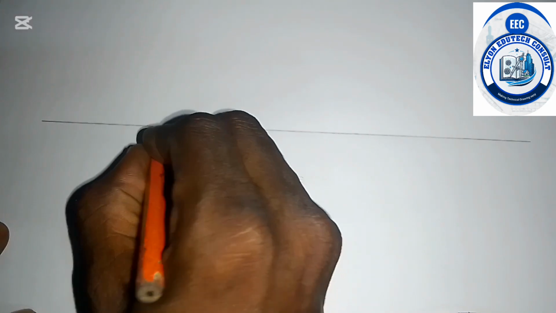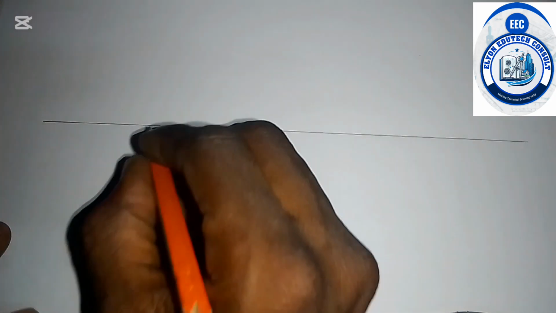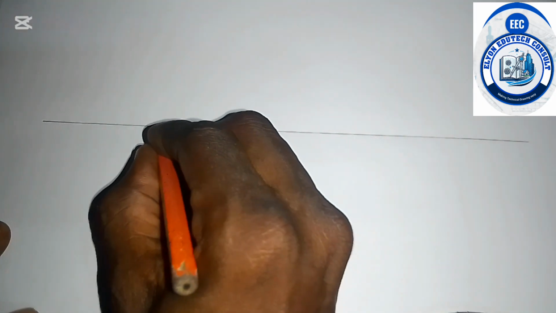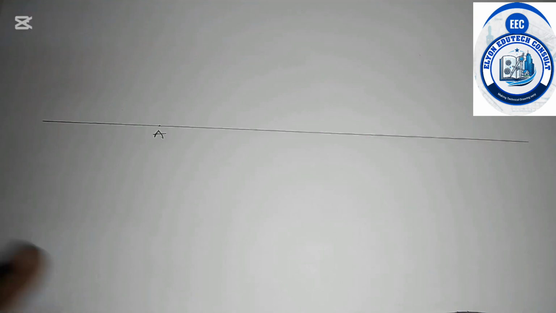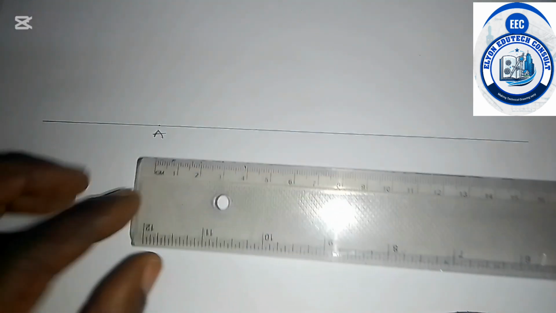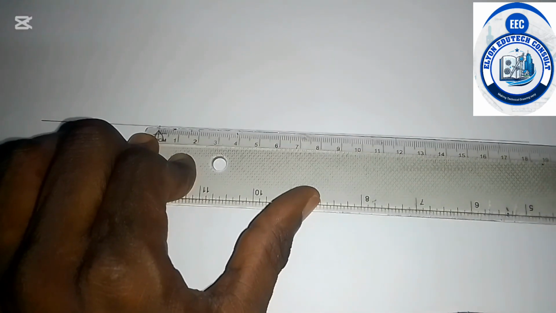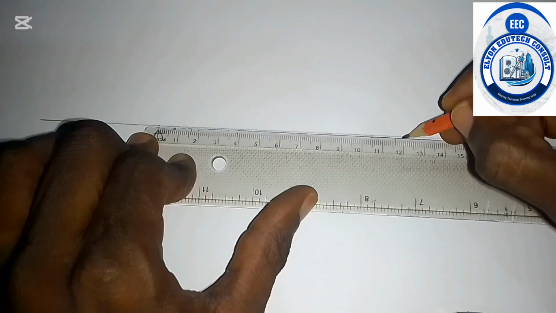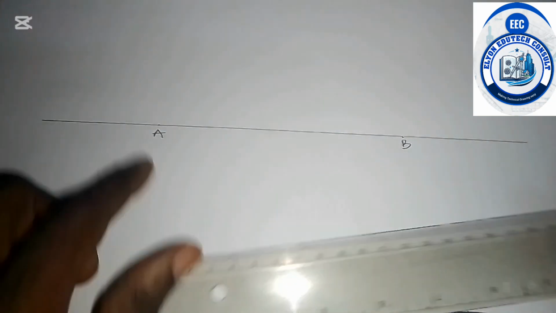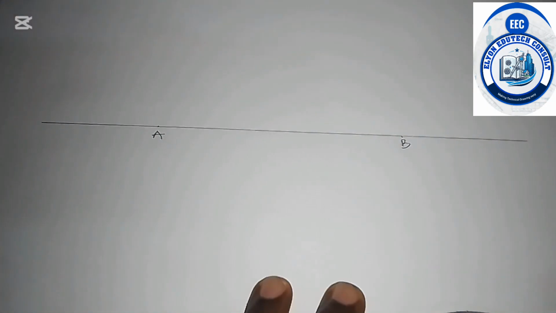Let's pick this point as point A. We are given the major axis from the question to be 120, so this is AB, which will represent my major axis.